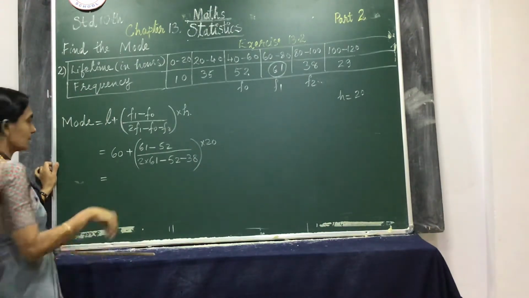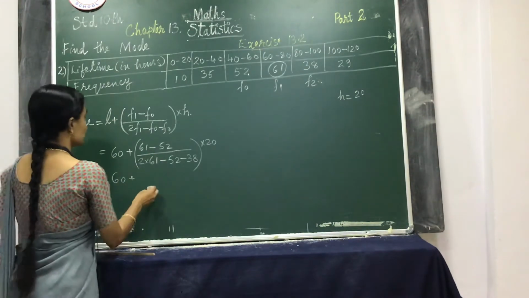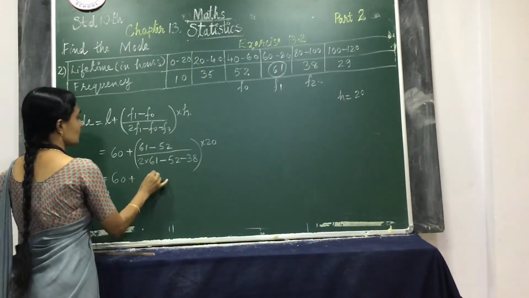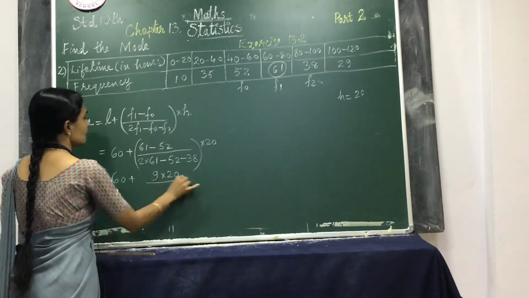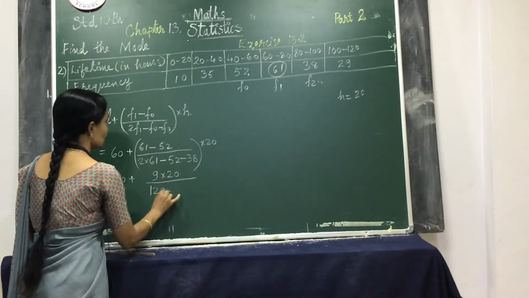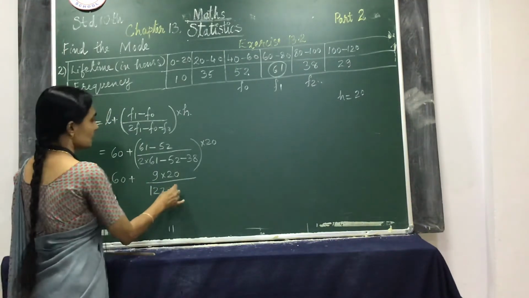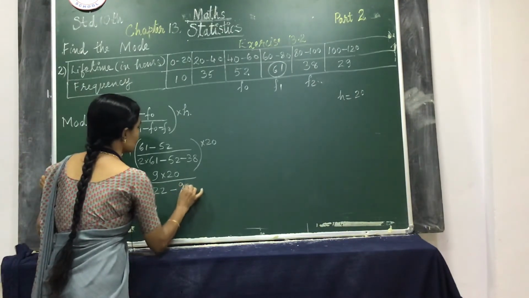Solving inside the bracket, we have 60 plus 61 minus 52, 9, and 20 we can take inside, divided by 2 into 61 is 122, minus adding 90.